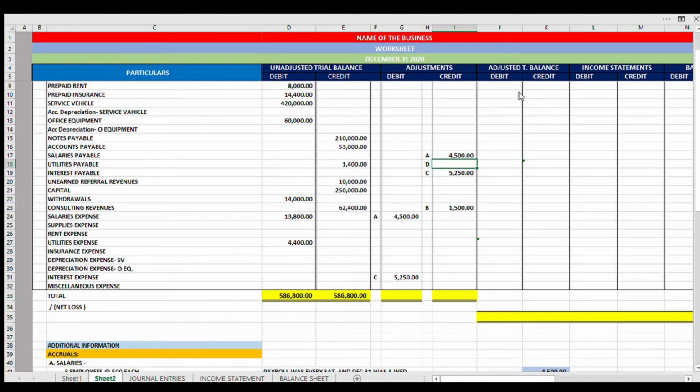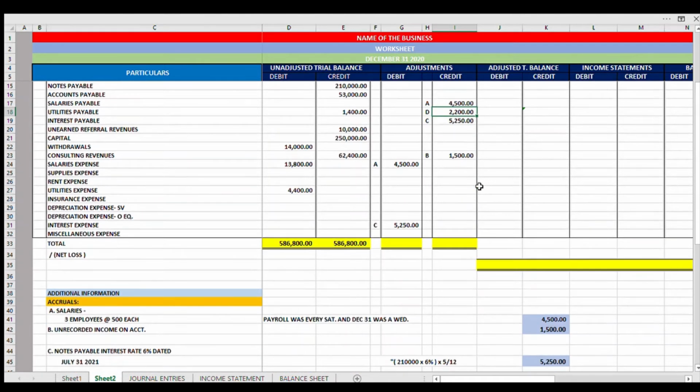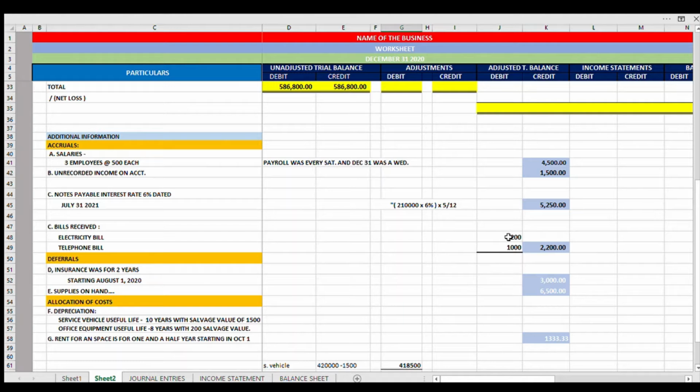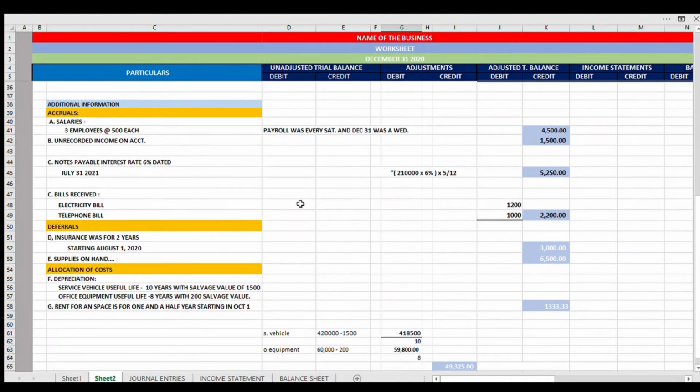Ang naging total niya ay 2,200. Ang utilities expense natin ay 2,200. Okay, that is the combination of the electricity and telephone bill. Okay, all of this will fall under utilities expense.